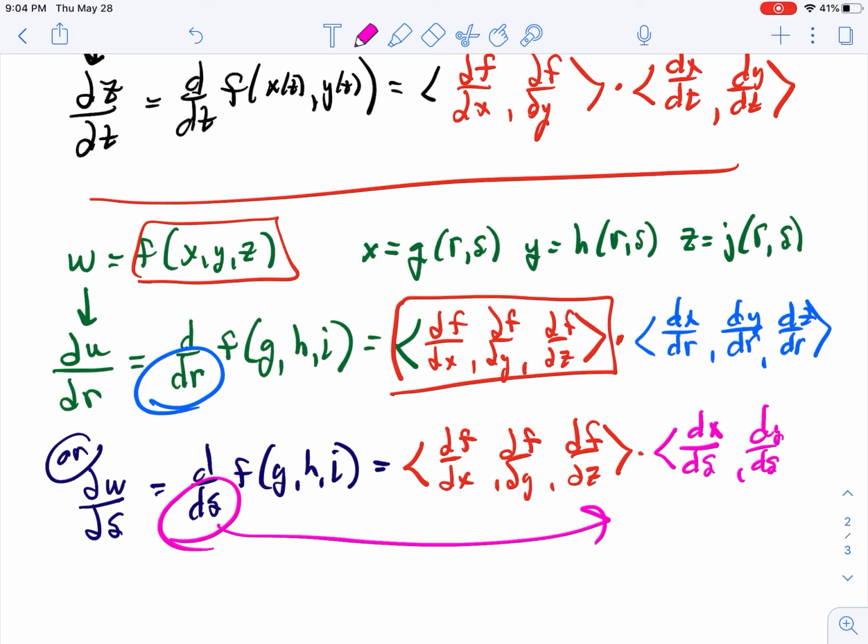So this would be dx according to ds, dy according to ds, and dz according to ds, like so.